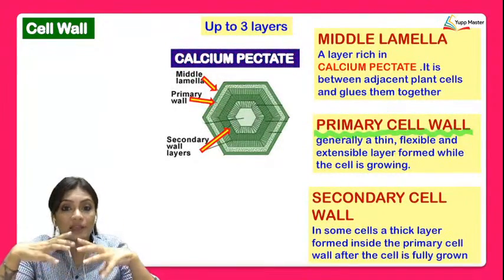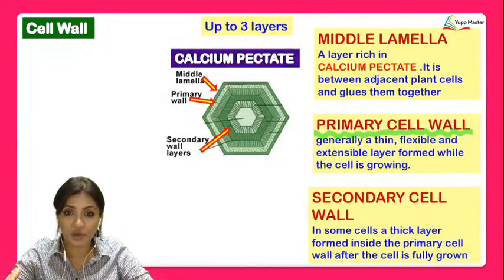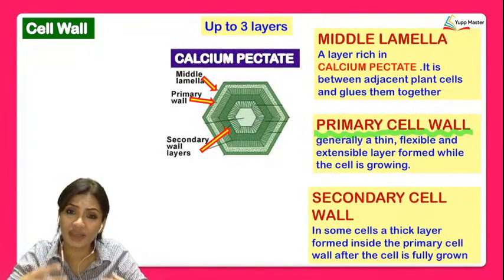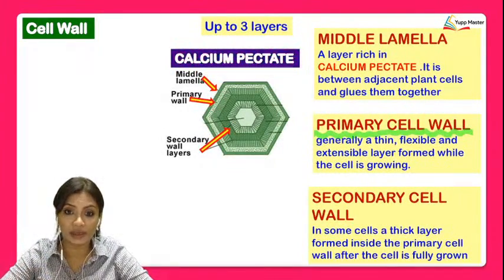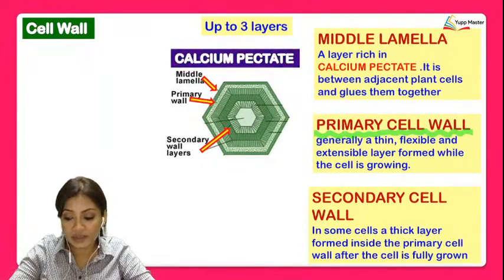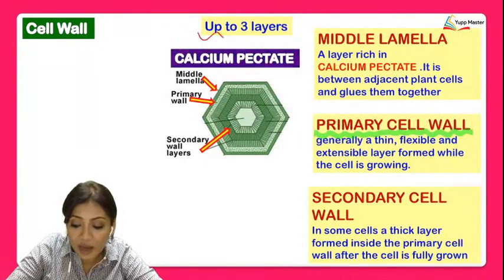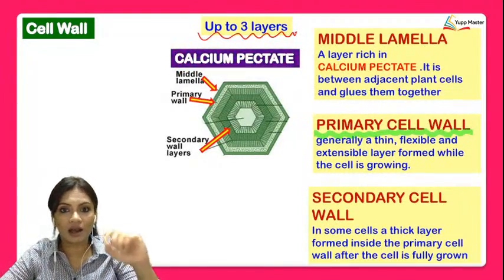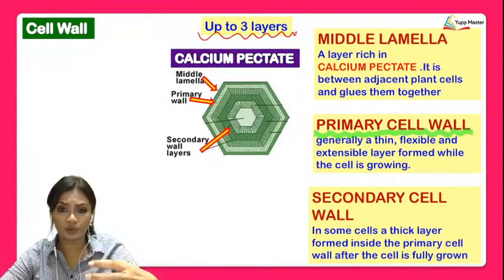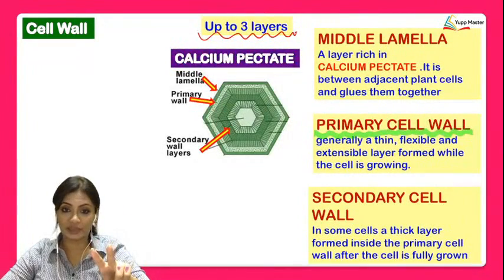Now if this plant is a very mature plant, or the cell you're talking about is a very mature cell, then there will be one more layer. That is why, when we describe the cell wall, we say there are up to 3 layers, not that there are always 3 layers. The middle lamella and primary cell wall will always be there.